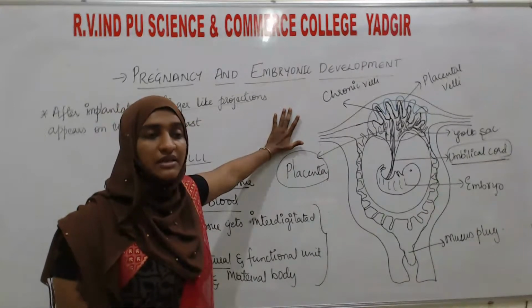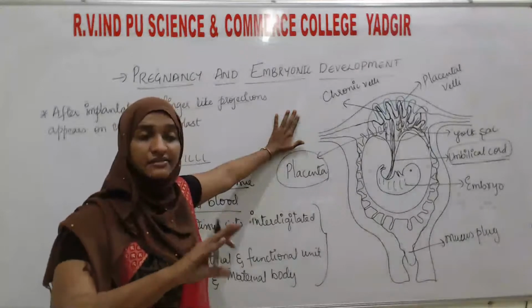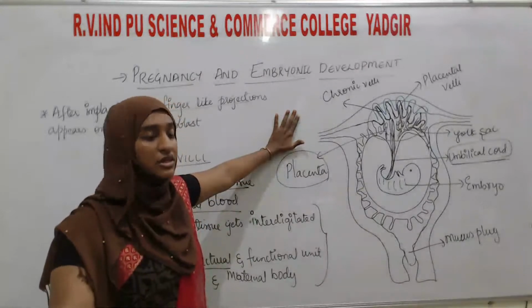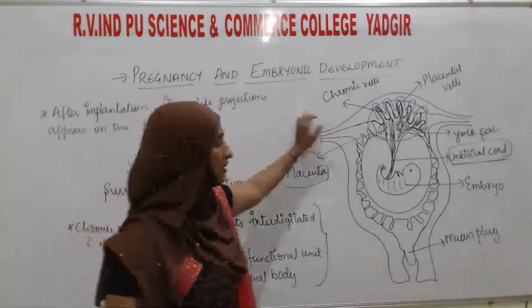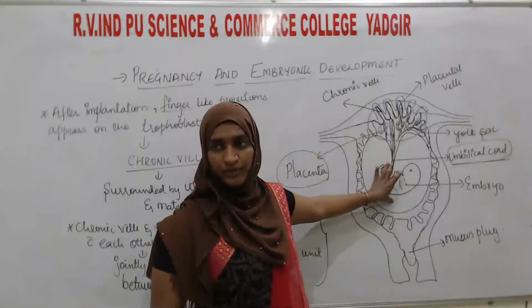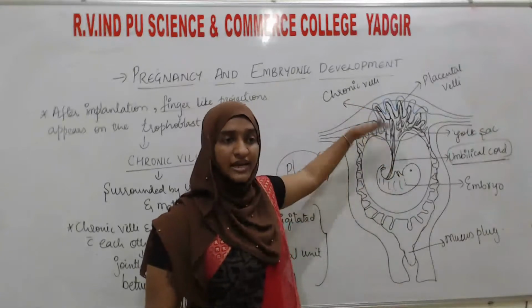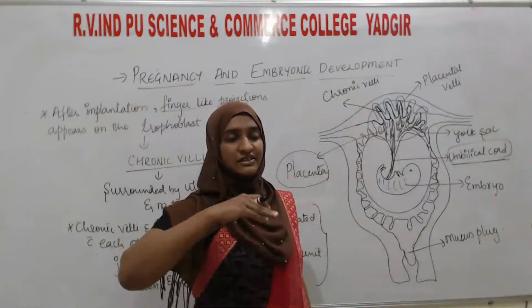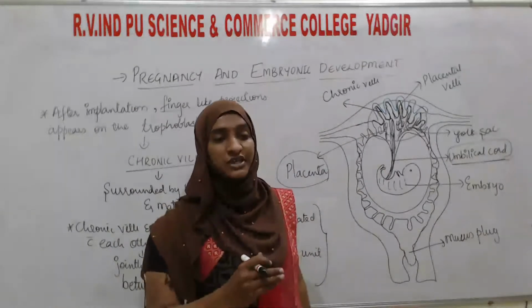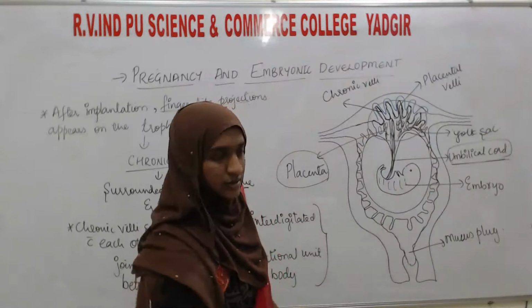Whatever oxygen or nutrients the mother supplies are not directly supplied to the embryo; first they are supplied to the placenta, then to the embryo, not directly from the mother's digestive system.